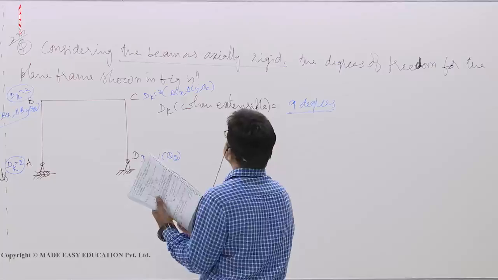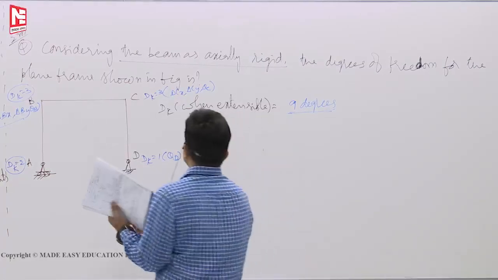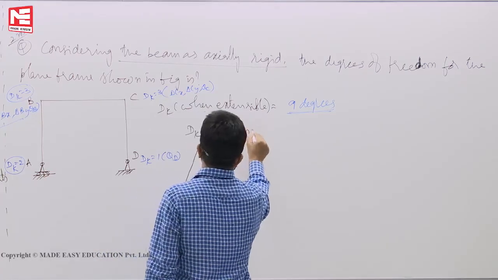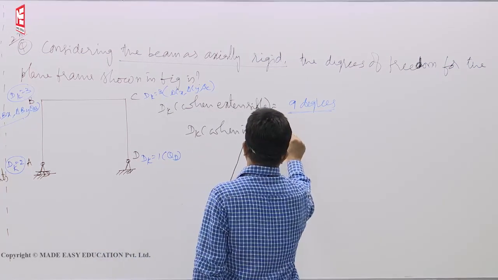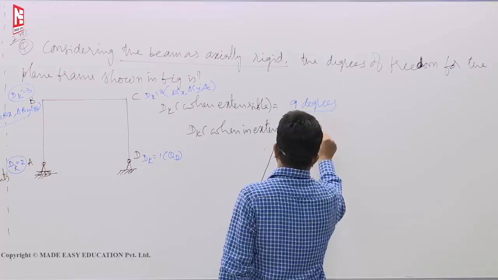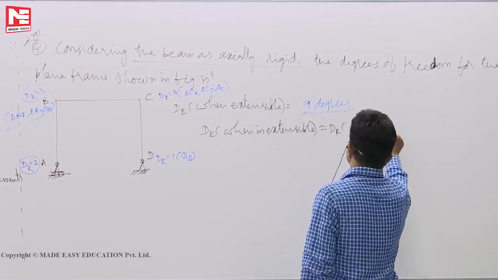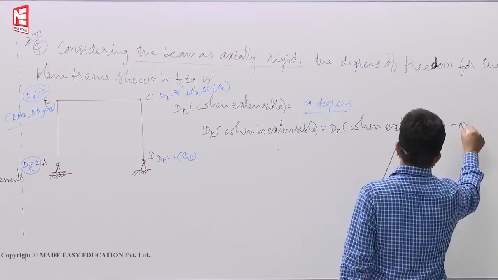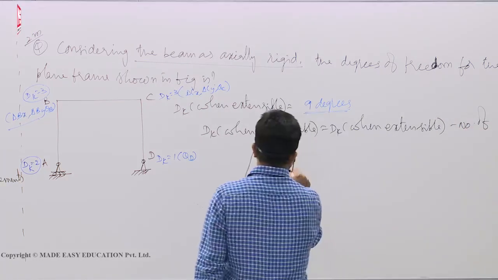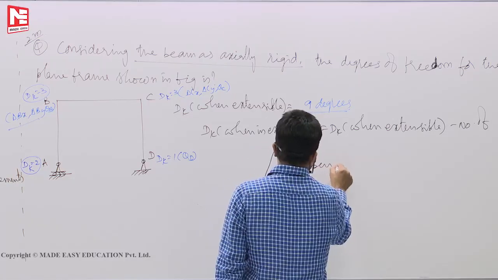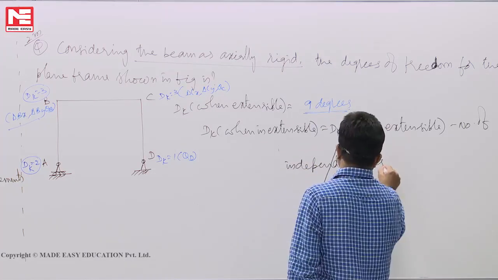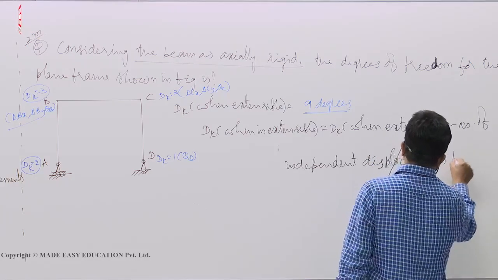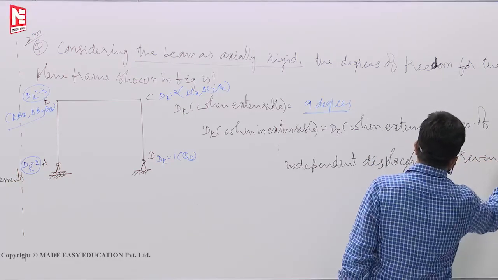But he says axially rigid. So DK when inextensible equals DK when extensible minus the number of independent displacements prevented.